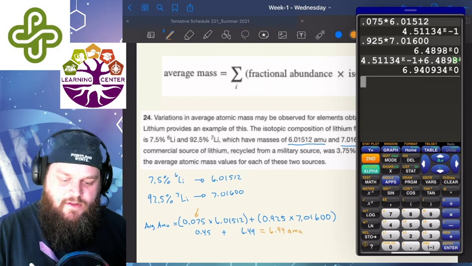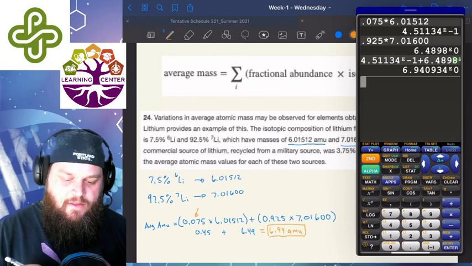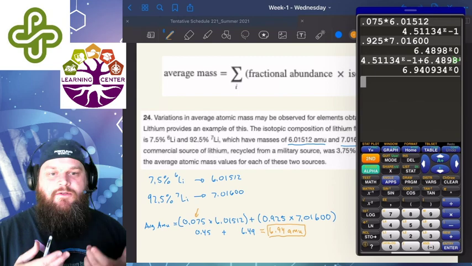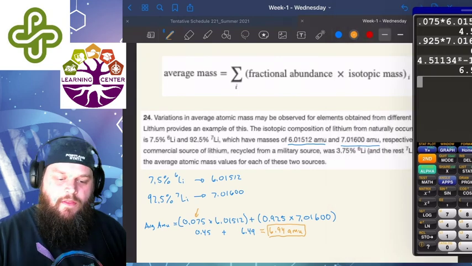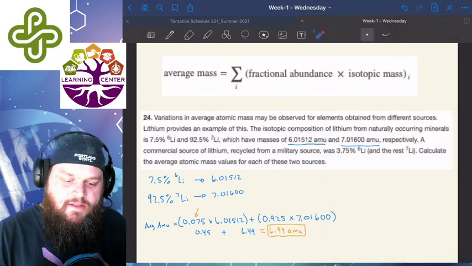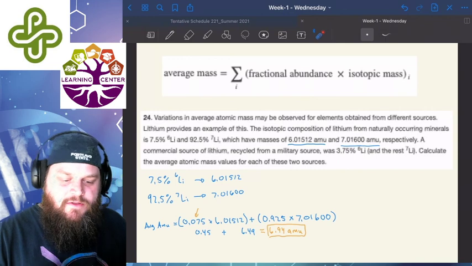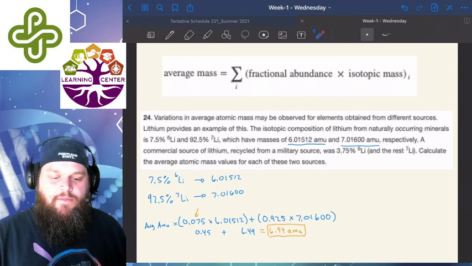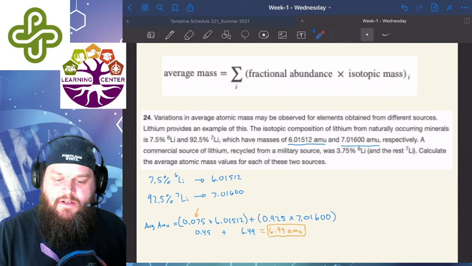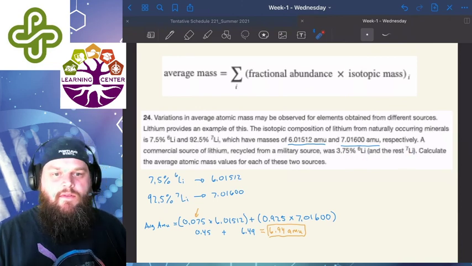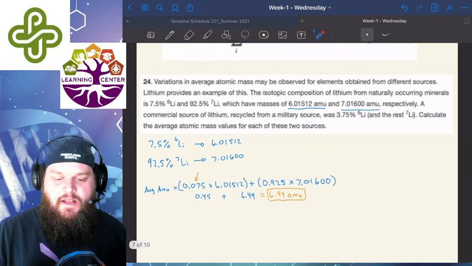So that's the average atomic mass of lithium that's naturally occurring. The other part of this problem states that there's another commercial source of lithium which is recycled from a military source, which has a 3.75% lithium-6 percentage, with the rest being lithium-7. Well, how can we figure out those percentages?